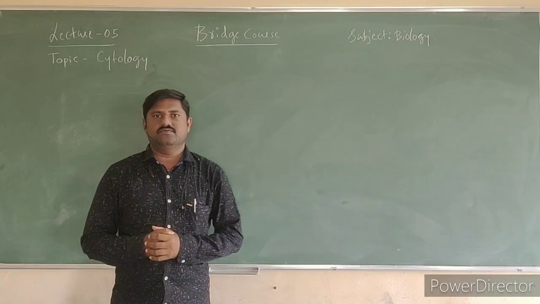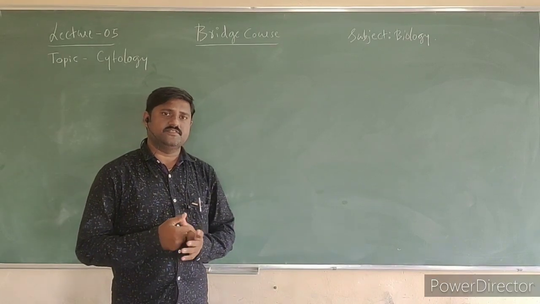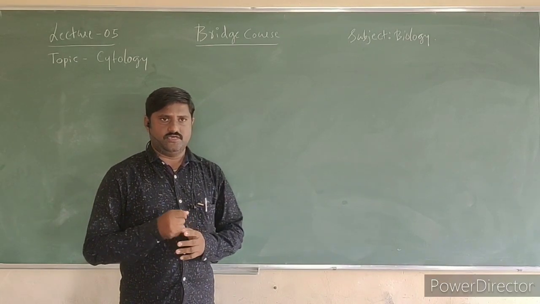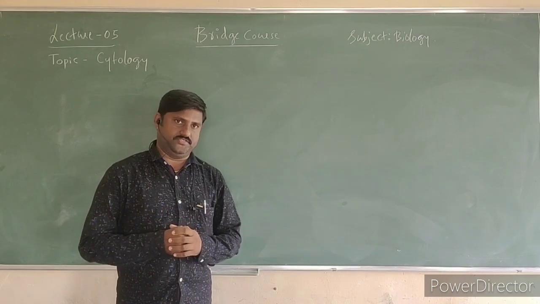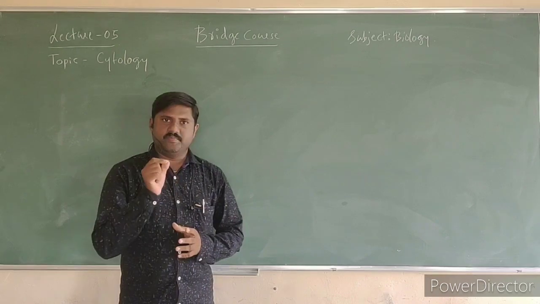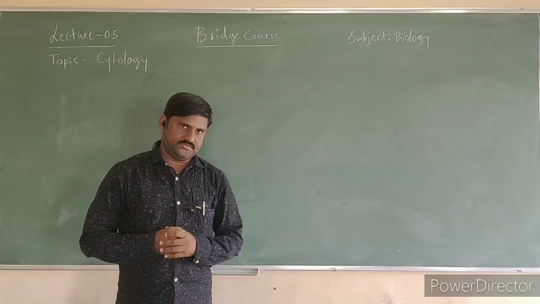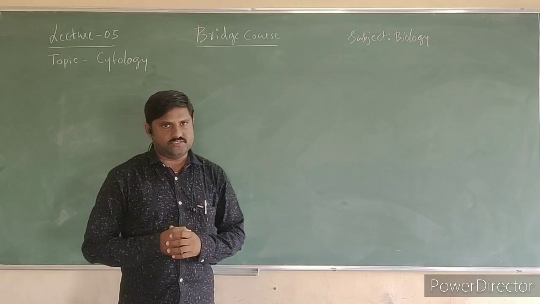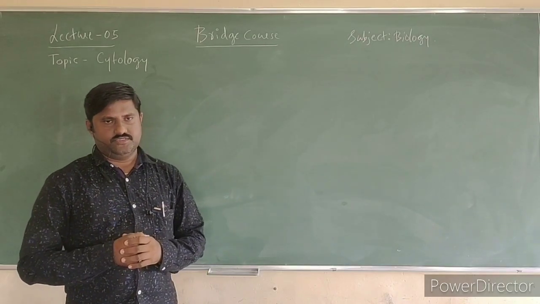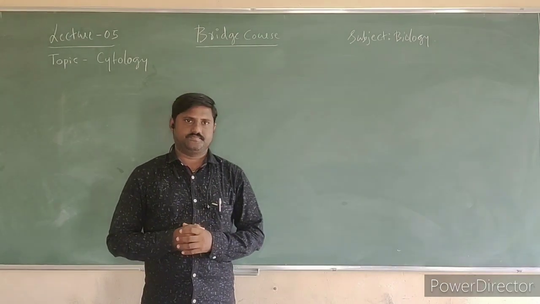As I have listed out all the cell organelles, I have listed out microbodies. These microbodies are also single membrane bound cell organelles. They are very minor structures, like peroxisomes, glyoxisomes, such kind of microbodies that we come across in cell.